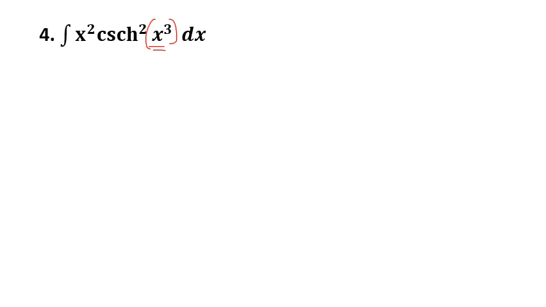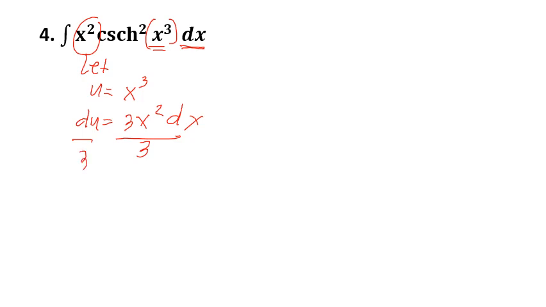So if I let u equal to x raised to 3, my du is equal to 3x squared dx. So if I isolate my x squared dx, dividing by 3 on both sides, I will have du all over 3 is equal to my x squared dx.